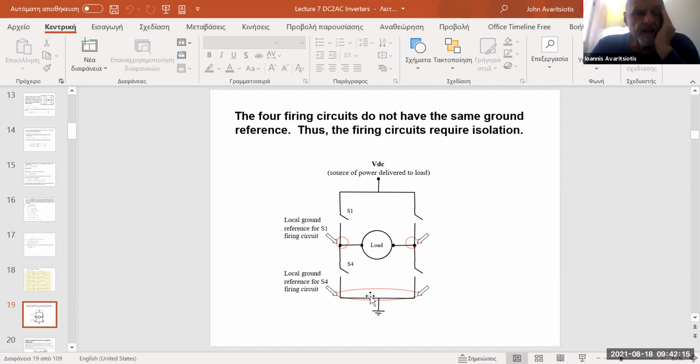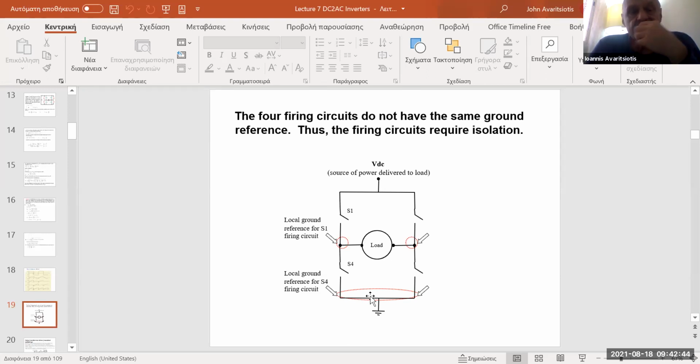So if you apply a voltage difference, a pulse, if you like, of at least 0.7 volts between the base and the emitter, this 0.7 volts will appear between the base and the emitter, so the switch will turn on upon the application of a voltage pulse of a certain duration.